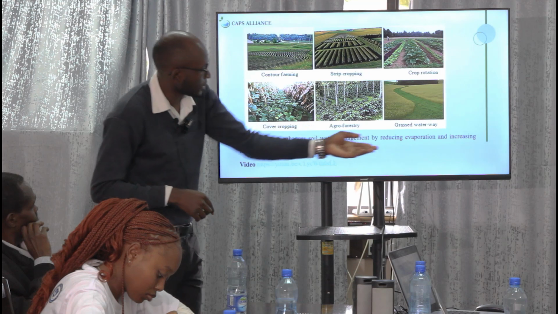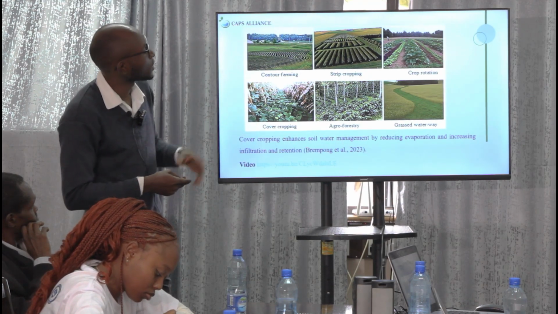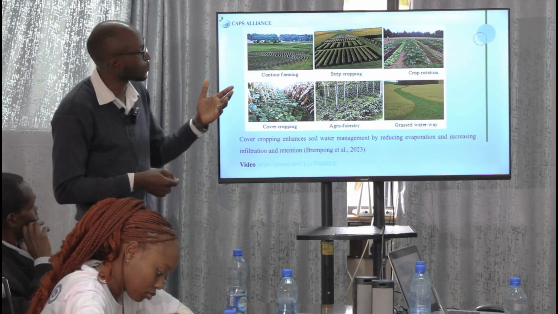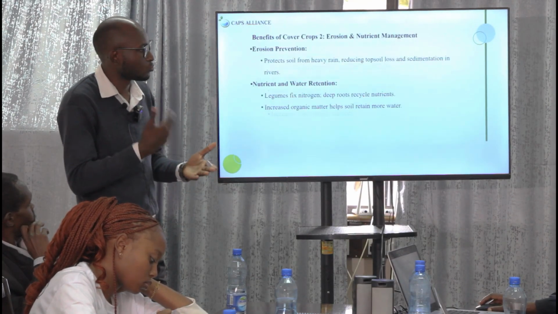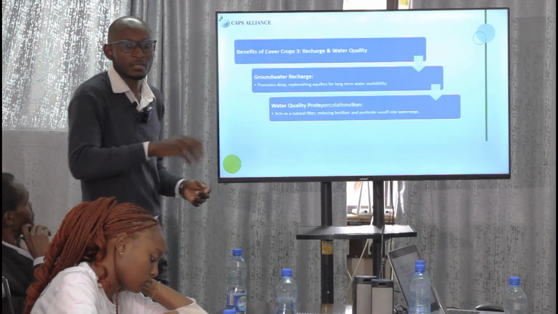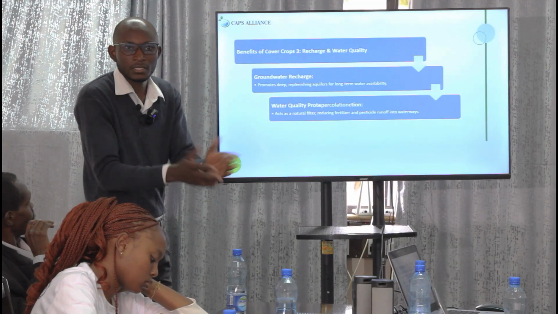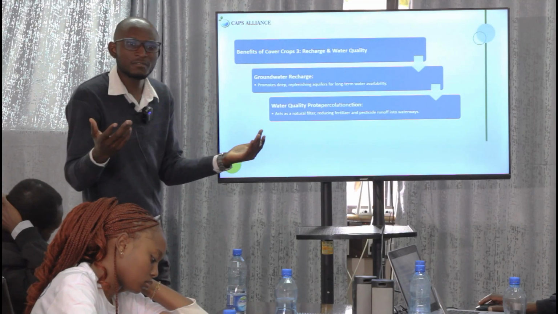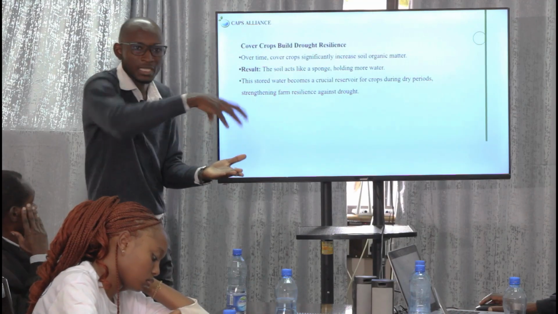Grass waterways, we have agroforestry, that is trees, cover cropping, use of cover crops, contour farming, which were mentioned in the methods, so I won't repeat, but maybe just to touch on them. Improving moisture, what is the essence of conserving soil water?